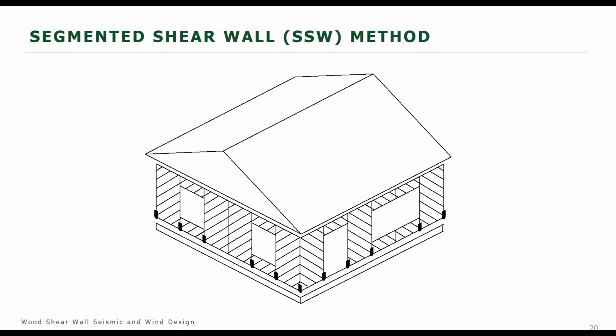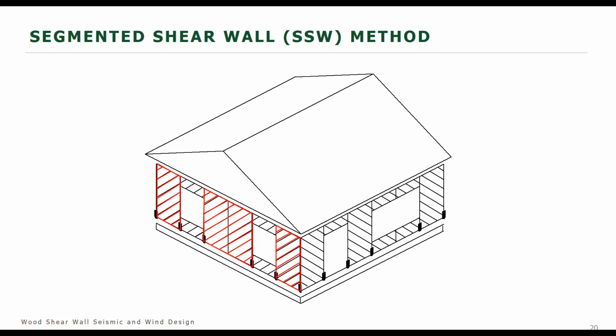So this is the segmented shear wall design method that we're going to discuss first. So this assumes that we have full height segments that are sheathed on the wall, and at the end of each of those segments there's a hold down.